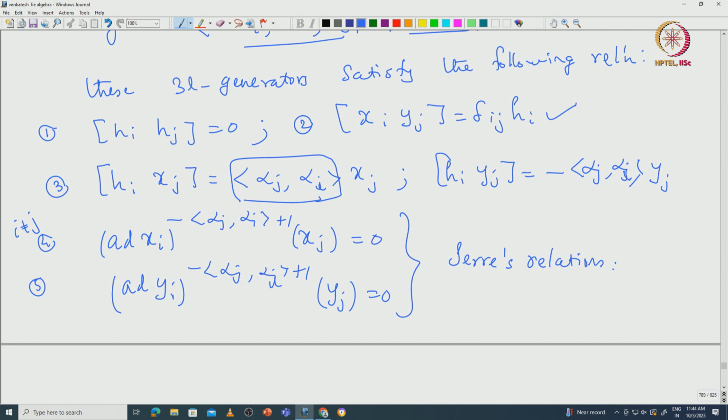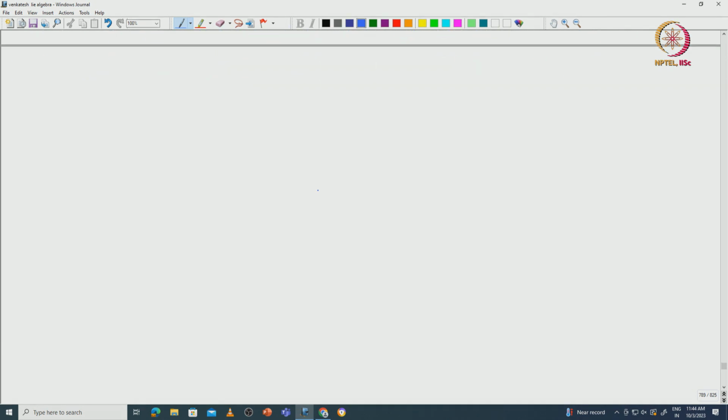But if you think about it, it is nothing but the jith entry of your Cartan matrix. So if you are interested in constructing a semi-simple Lie algebra from the root system, you start with the root system, then take the Cartan matrix associated with the root system. So, this is the Cartan matrix.